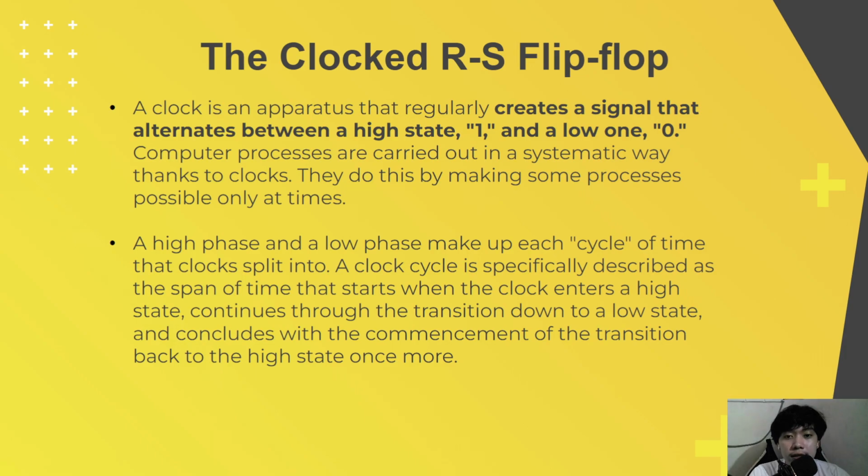A clock cycle is specifically described as the span of time that starts when the clock enters a high state, continues through the transition down to a low state, and concludes with the commencement of the transition back to the high state once more. In other words, it is called a clock flip-flop because it uses a clock signal to control when the data is stored and when it's output.